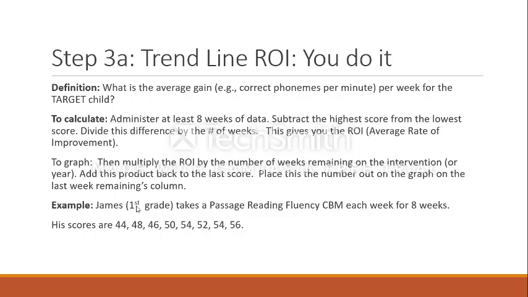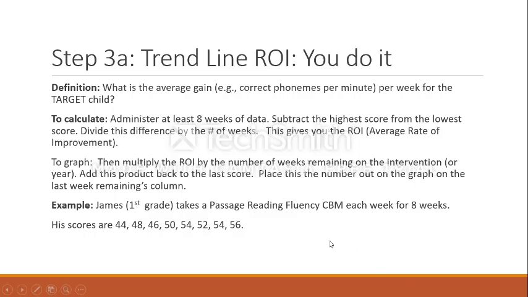So the example is that you have a first grader who takes a passage reading fluency, some sort of curriculum-based measurement, each week for 8 weeks. So here are all his scores. First, you identify the lowest score, which was a 44, and his highest score, which is a 56. You subtract the lowest score from the highest score, which is 56 minus 44 is 12. He did this for 8 weeks.